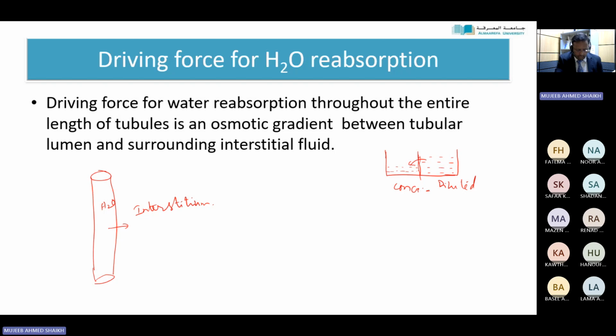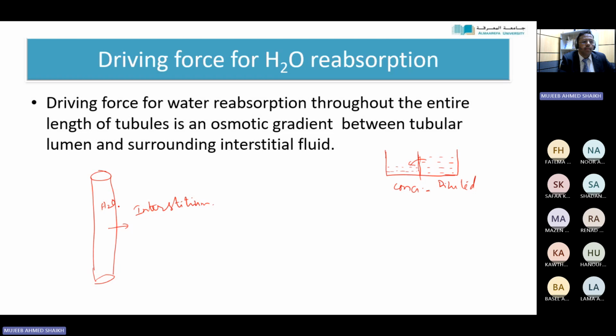This is the basic requirement for movement of the water. If both sides are equal, then there will be no movement of water. If we create a difference, like one place it is diluted, that means more water, and one place a concentrated solution, that is less water, so water will be moving from higher to lower concentration of water. This is osmosis.